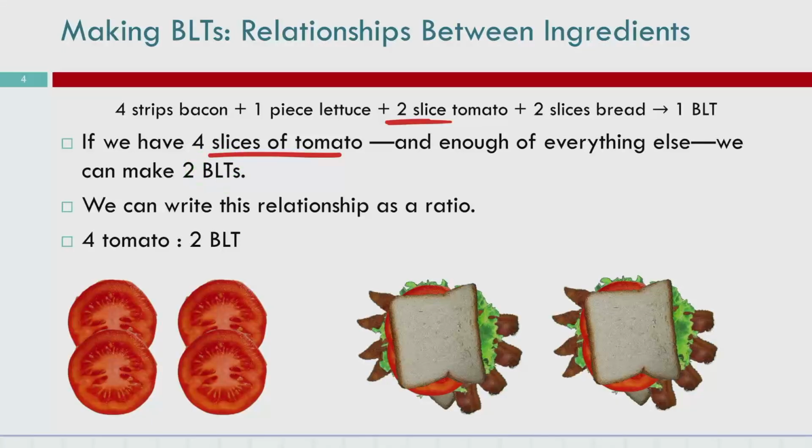We also care about BLTs, so we're going to find BLTs. The 2 things that we care about are slices of tomato and BLTs. I'm going to omit the slice part. So 2 tomato goes to 1 BLT. We can use that as a conversion factor.